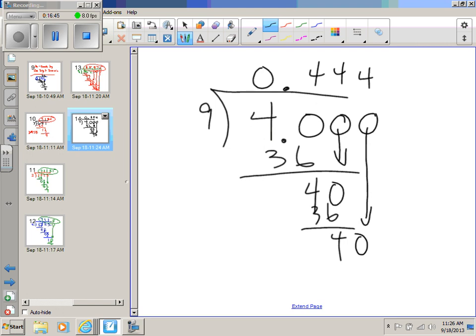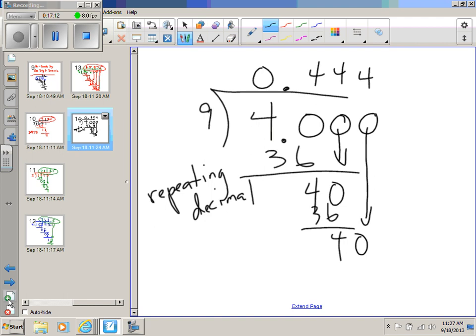You keep saying repeat, right? This is known as a repeating decimal. Yes, it would go on and on and on forever.